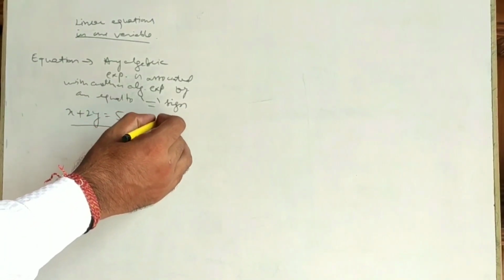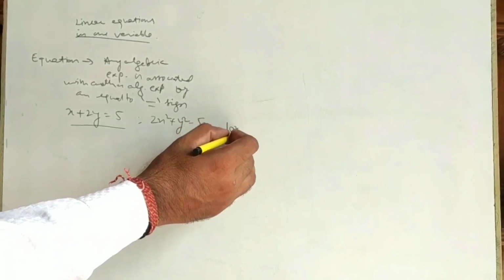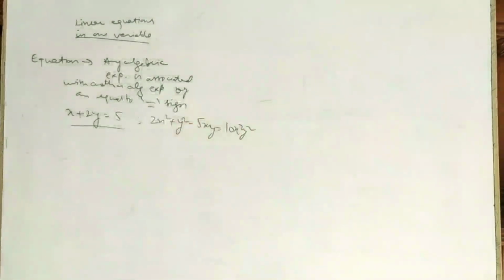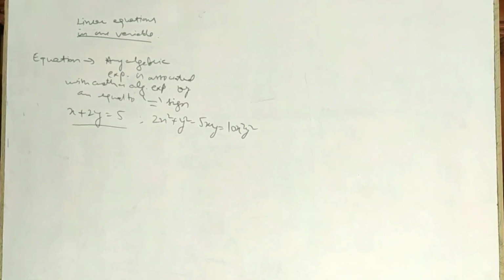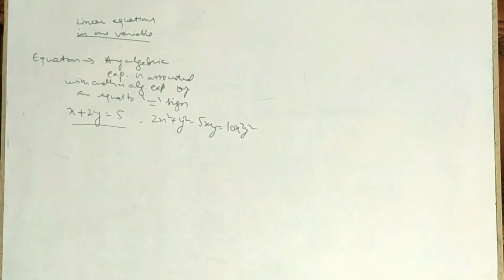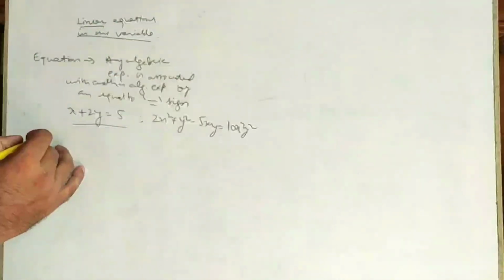Similarly, we have 2x square plus y square minus 5xy is equal to 10x square y square. This is also a type of equation. Now, we will understand the meaning of the term linear.